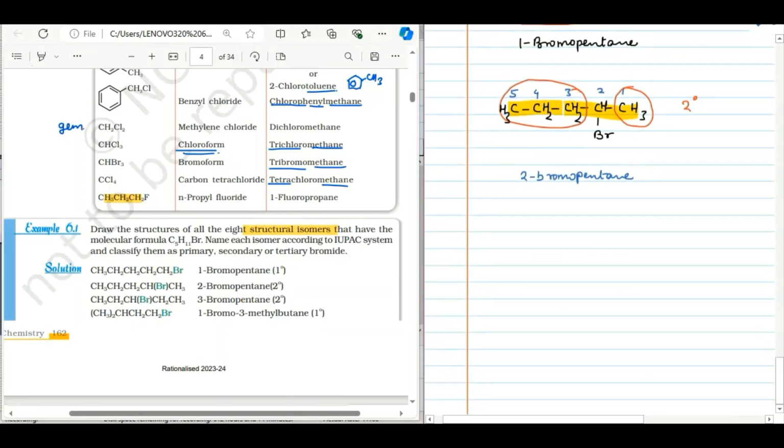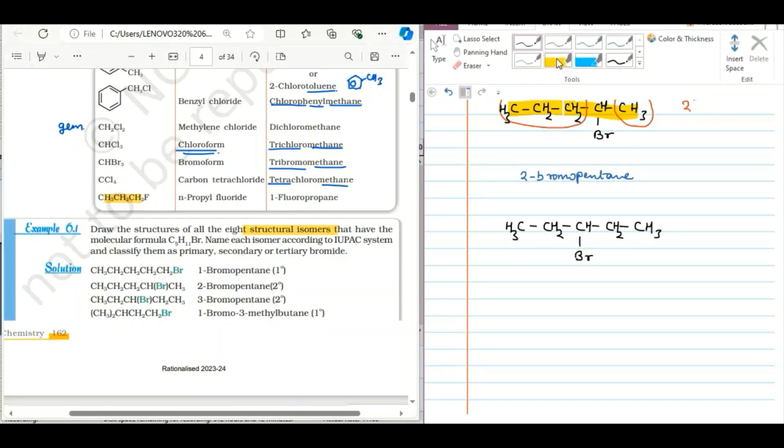Now draw another structure of the structural isomer. So again draw the skeletal structure. So there are 5 carbons. Now we can again change the position of Br. So this time I have changed the position of Br to the third place. Now balance the hydrogens. So here CH3, CH2, CH, CH2, CH3.